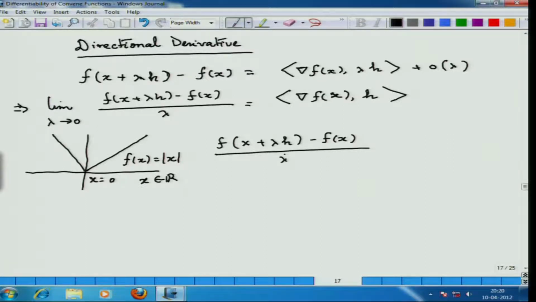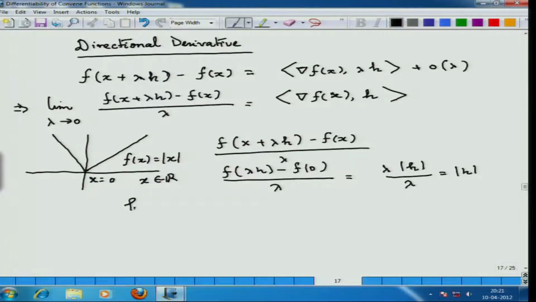First I take lambda going to 0 from the right hand side. So, this will be f of lambda h minus f of 0, which is 0, by lambda. So, this will be lambda times mod h by lambda, which is mod h.